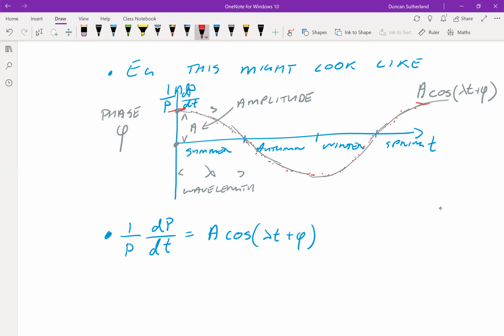I'll draw a different phase here, degrees out of phase.